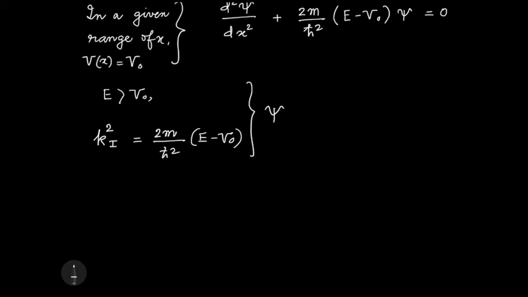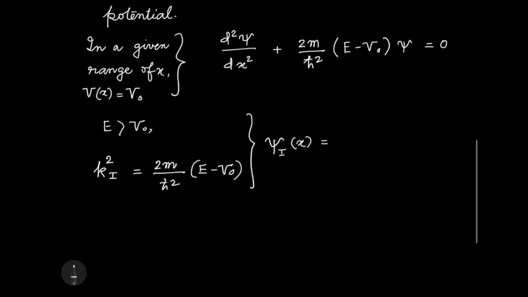So let me write it with psi1. It is just denoting the case that it is the case E greater than V0. So psi1(x) is, so you see it's E greater than V0, so it's essentially an oscillatory solution with K as the oscillation wave number. So A e to the i K1x plus B e to the minus i K1x.